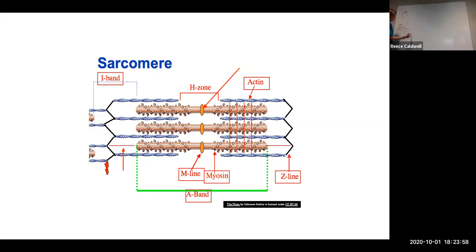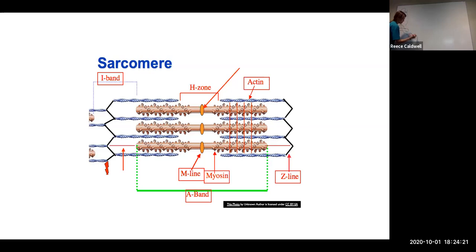So we're looking at the biceps or any skeletal muscle, and we have the fascicles. And inside the fascicles, remember we have a bunch of muscle cells, or muscle fibers, or what they're technically called.